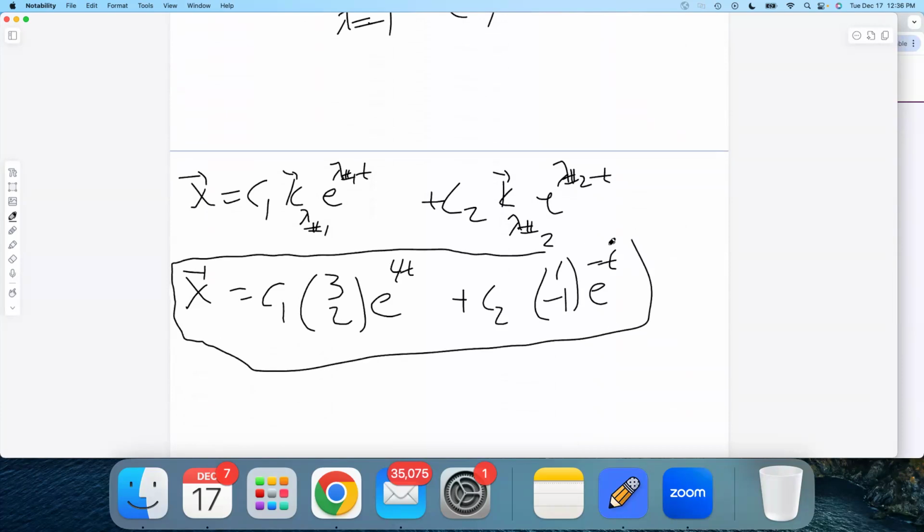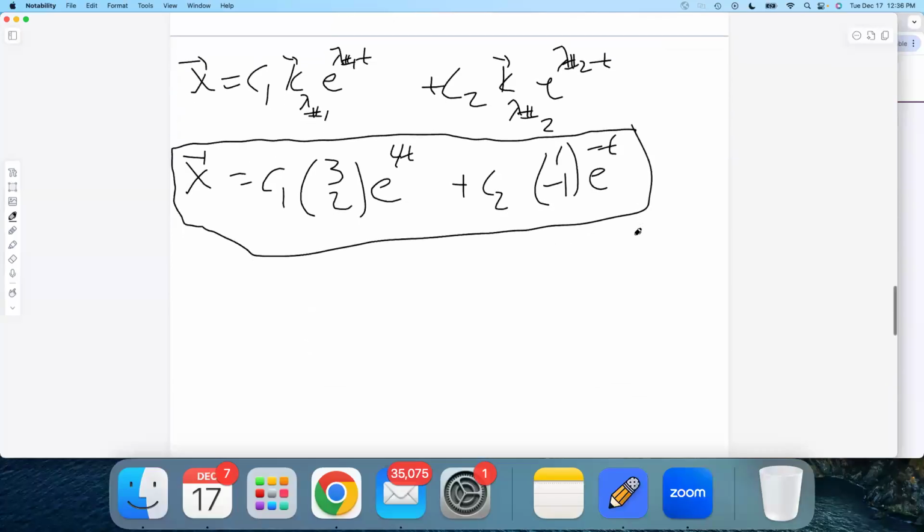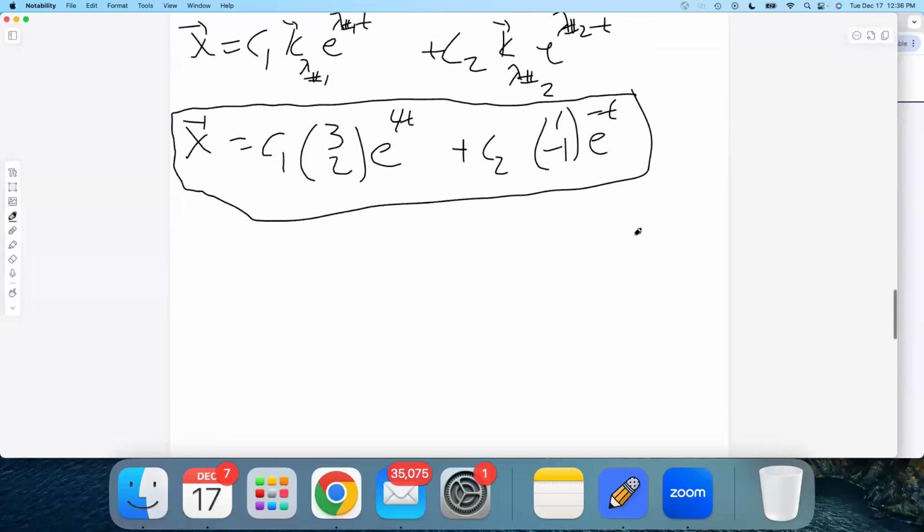So there is my solution written in vector form. Now let's write it out in component form. So remember the vector x, I'm going to write that nice and pretty. The vector x was the vector x, y.